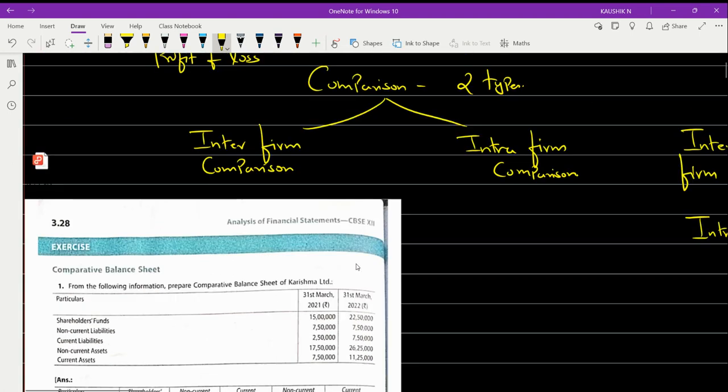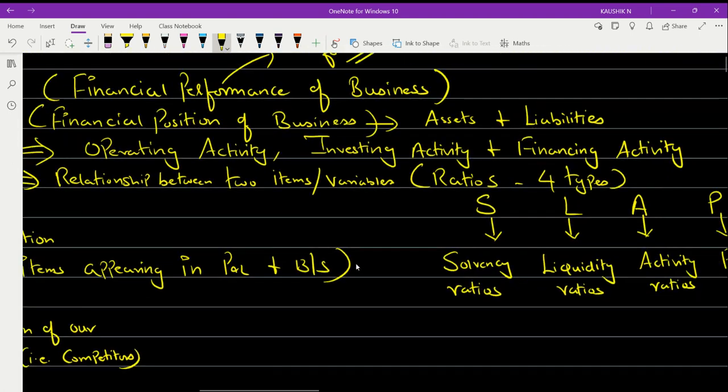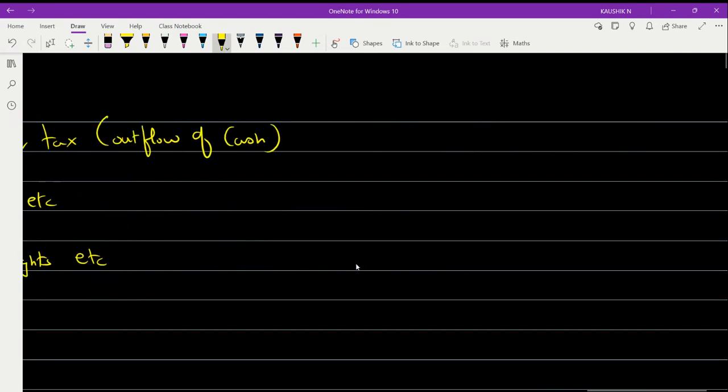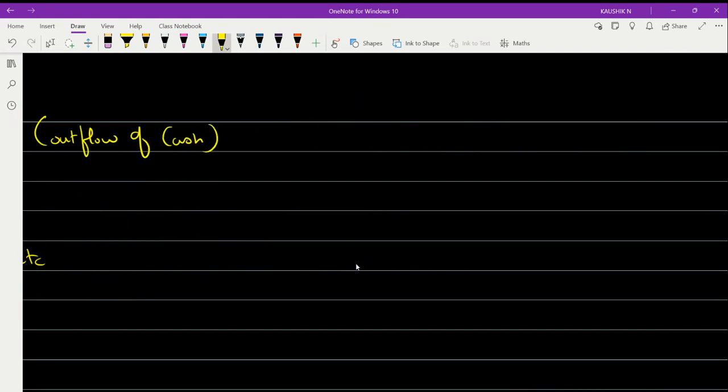Normally, when I say balance sheet, this I forgot to tell you. When we talk about the balance sheet, this refers to the company's balance sheet.